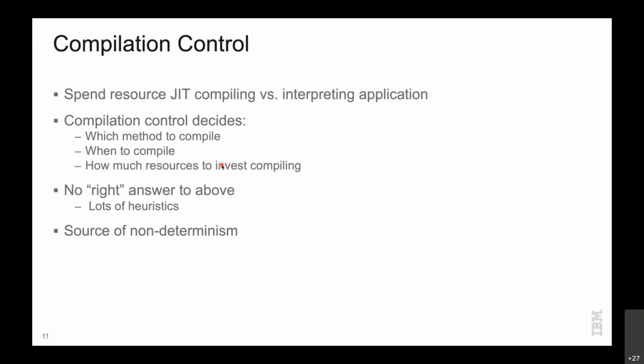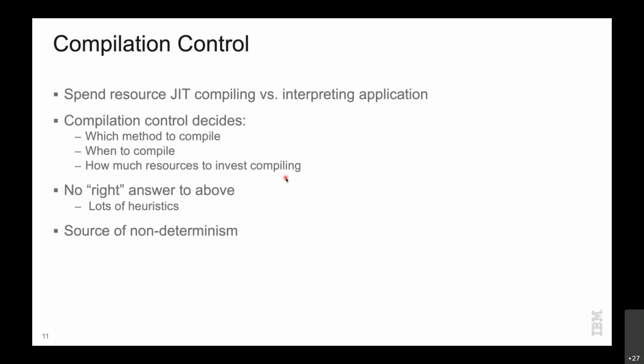And the last thing compilation control does is it answers how much resources we want to invest in compiling. We have, of course, different compilation levels and multiple compilation threads running. So which compilation thread gets to compile which method, at what optimization level, etc., is some of the things that the compilation control logic will answer.